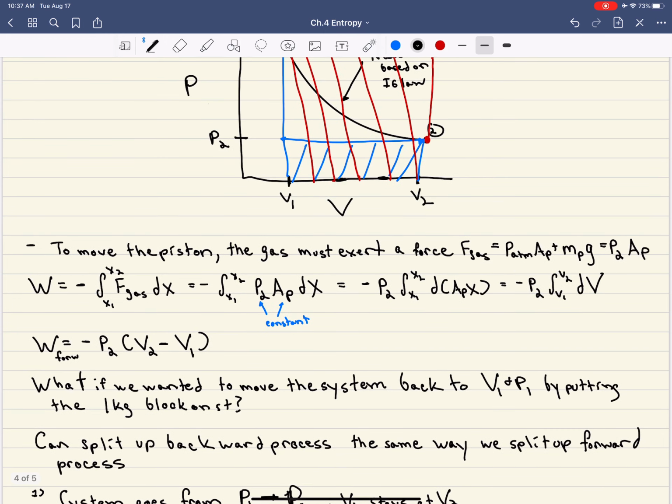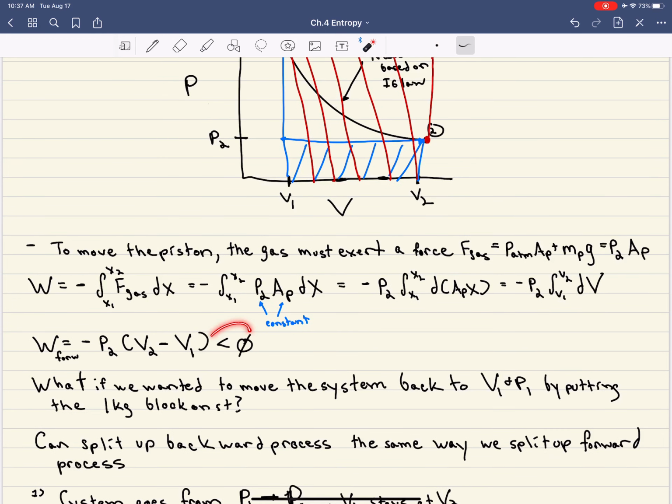exerted by the forward process, that's negative, because this is going to the surroundings. Okay? And so in the forward process, the system is giving the surroundings this much energy. Okay? But if you want to go backwards and go back to pressure 1 and volume 1, the surroundings not only have to give the system this much energy, but the surroundings also need to pay an extra amount of energy as well.